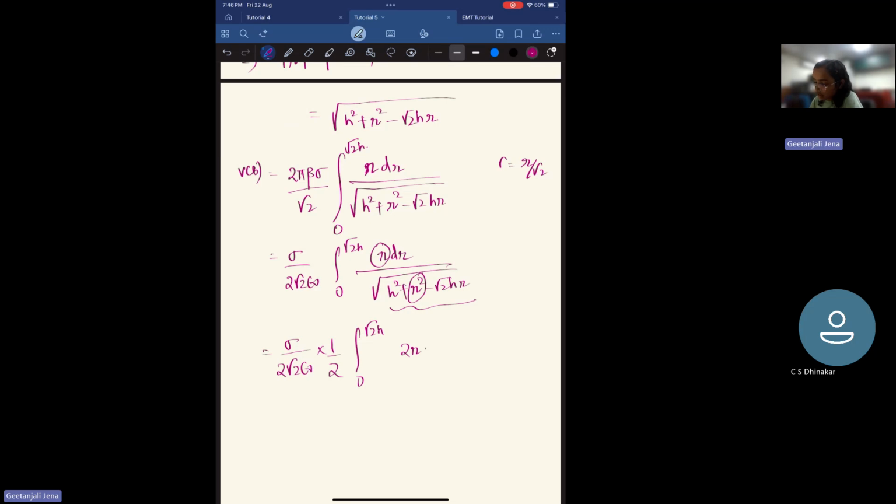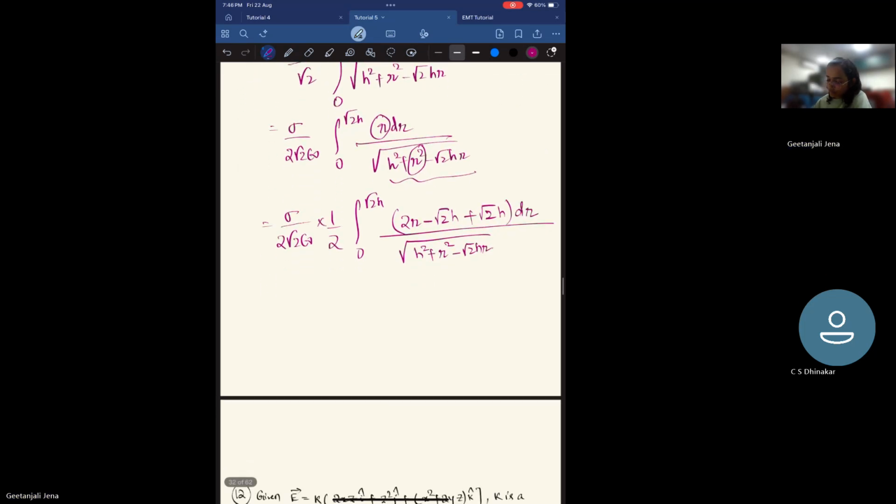Plus we can add root 2h and subtract root 2h so that the numerator doesn't change, over the square root of h square plus r square minus root 2hr. Now it's easy to find out, right? I think you can easily guess what is the next step for you to follow.